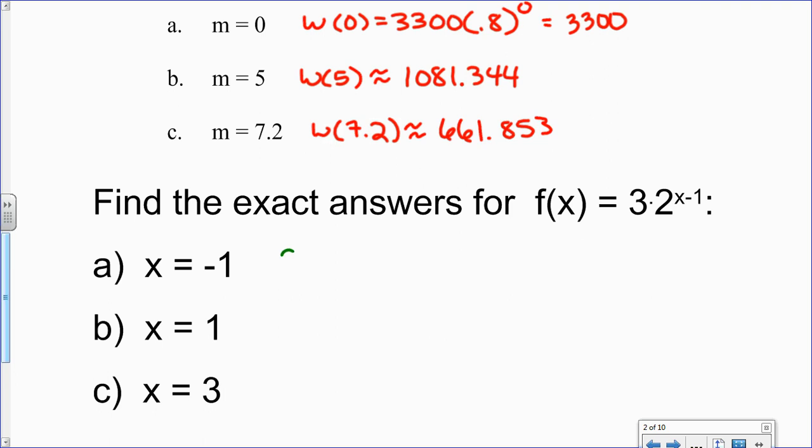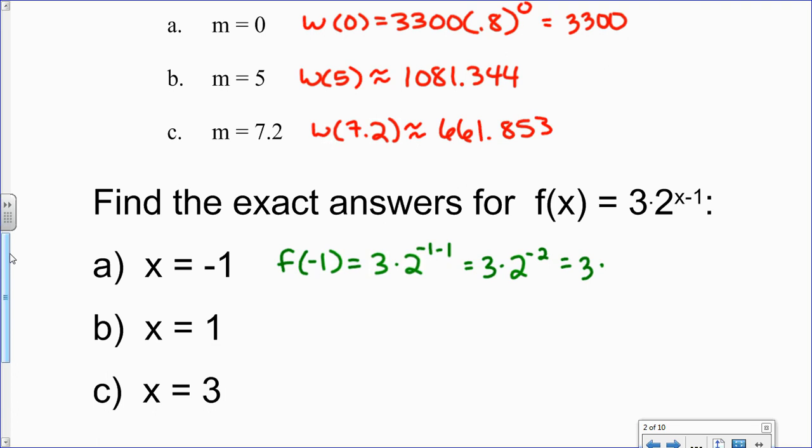Okay, so f of -1. Use your order of operations. So first, you want to take care of simplifying your exponent. Okay, so -1 minus 1 is -2. You need to do exponents before multiplying. So 3 times, you need to do 2 to the -2nd power.